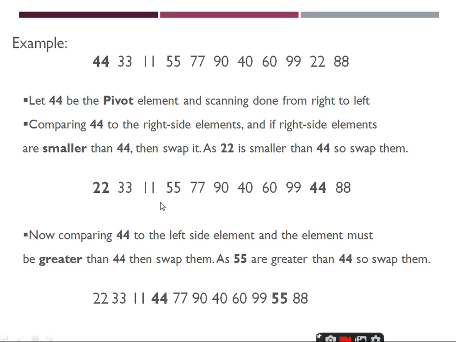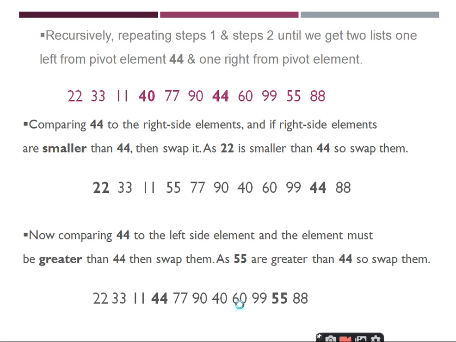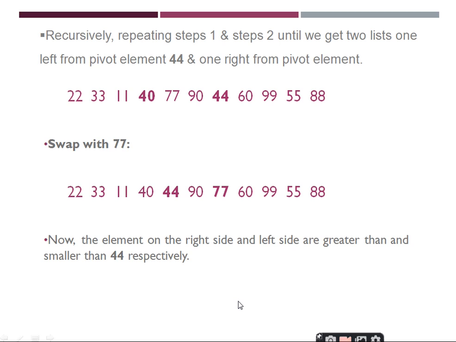So here we found 55 which is greater than 44. Hence again we'll swap the two elements, that is 55 with 44. So we'll be getting this kind of list, right? Then continuing the step here again, and this process continues.